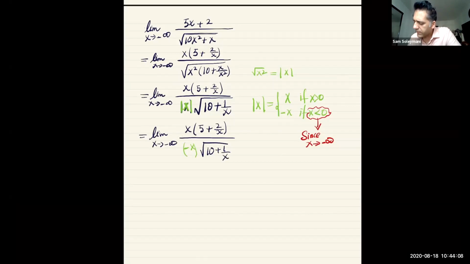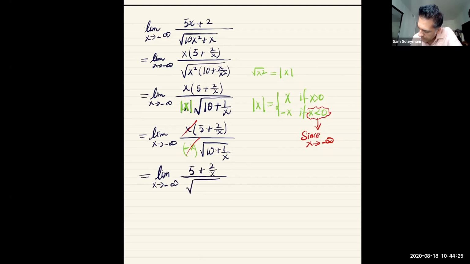Gladly now cancel the absolute x, cancel the x's. So the simplified expression is now 5 plus 2 over x times the root of 10 plus 1 over x.